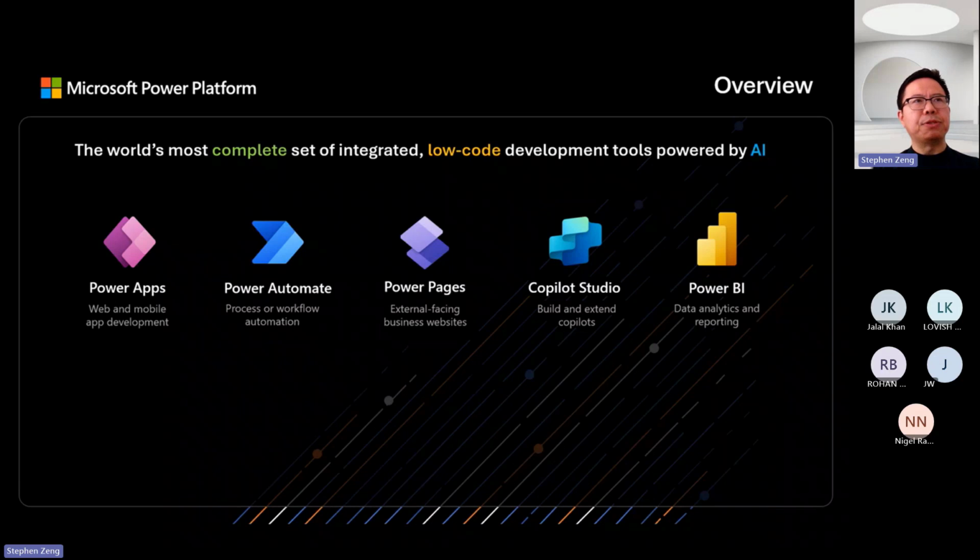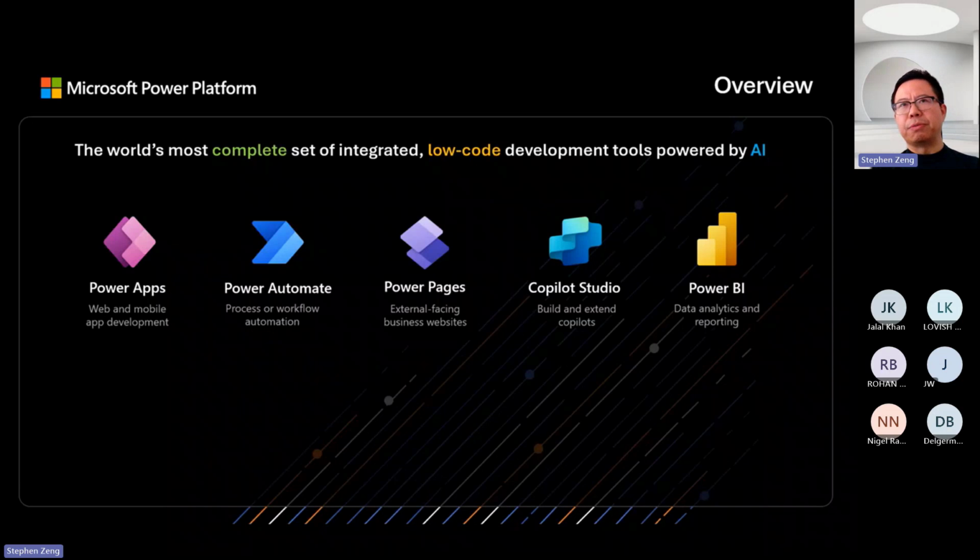With Power Apps, you can build web and mobile applications. With Power Automate, you can build processes to automate your workflows. With Power Pages, you can build external-facing business websites.